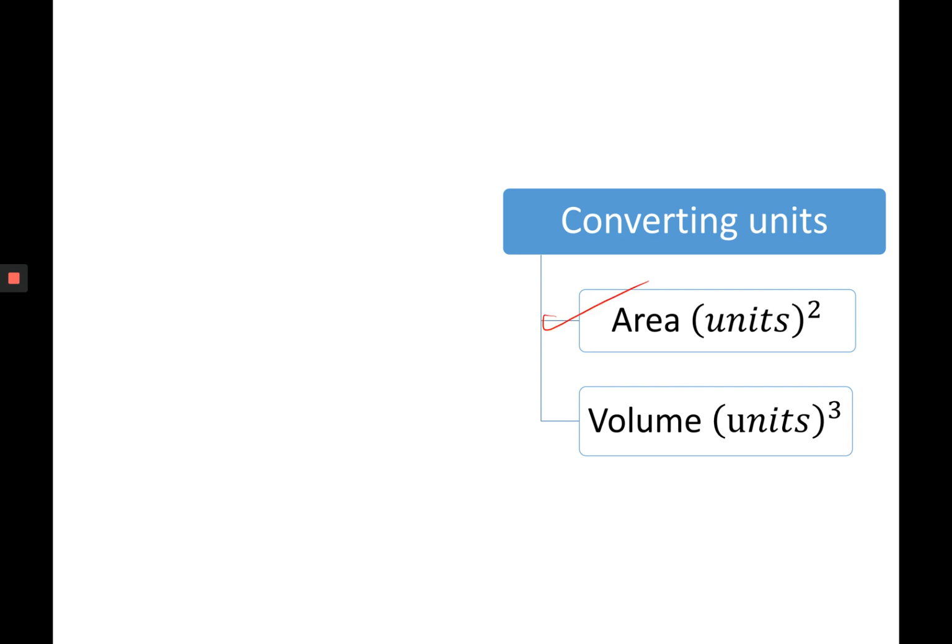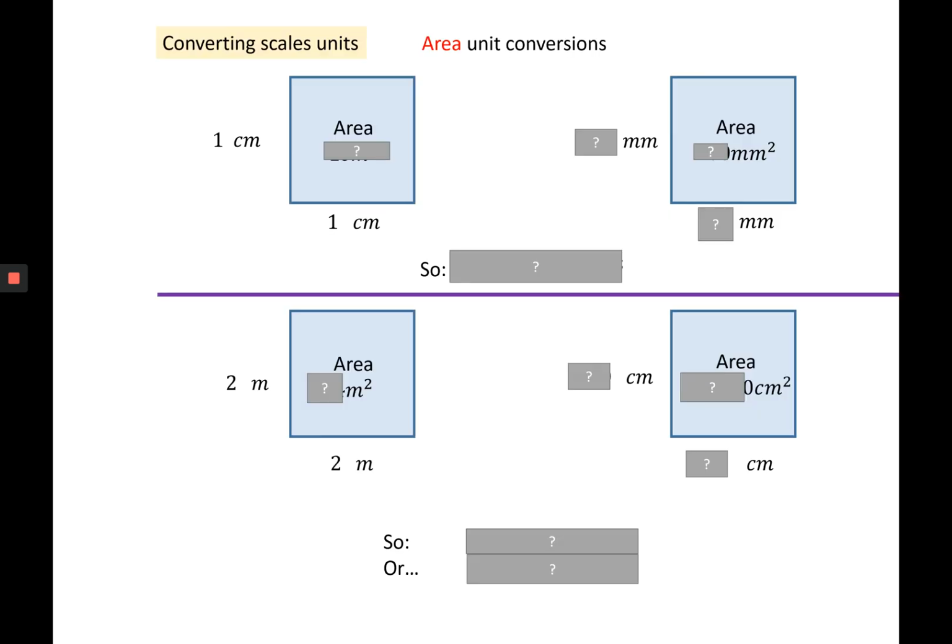I'm going to show you area first, and then I'm going to show you volume, and then you can do 4 or 5 questions. So what you can see here is a 1 centimeter by 1 centimeter square. That means that the area of the square is also 1 centimeter squared. And then here I have the same square, except my units are in millimeters. So I obviously know that 1 centimeter is the same as 10 millimeters.